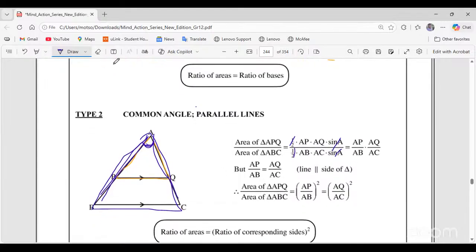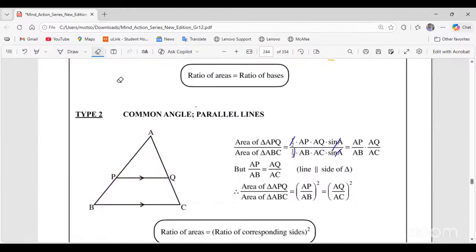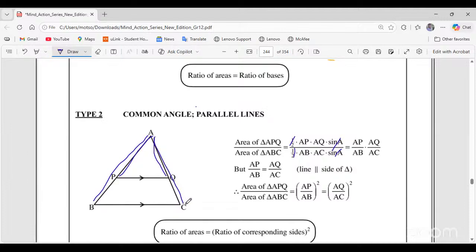Now let me erase this. They say to us, but AP over AB, where this is AP all over AB, is equal to AQ all over AC. Why?